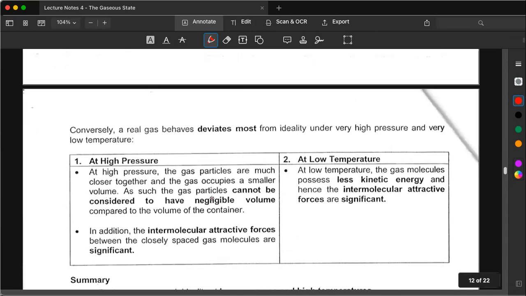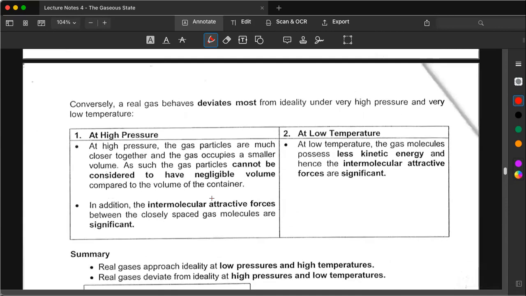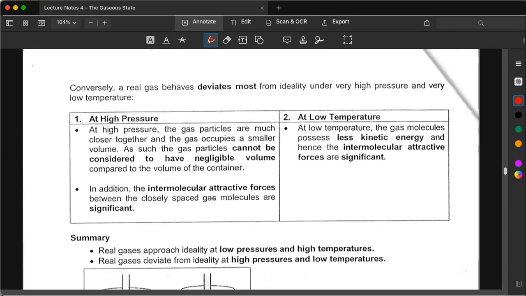Conversely, a real gas deviates most from ideality at very high pressure and low temperature. So the opposite will happen. With high pressure, the gas particles are very much closer together and the gas occupies a smaller volume because they are so close together.